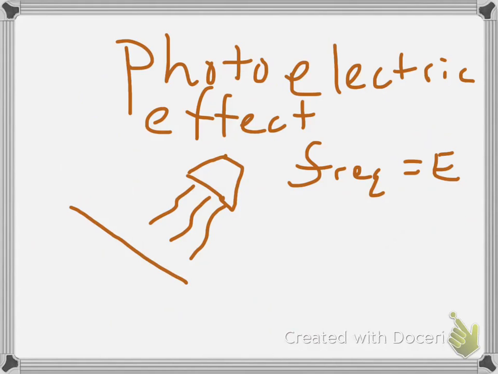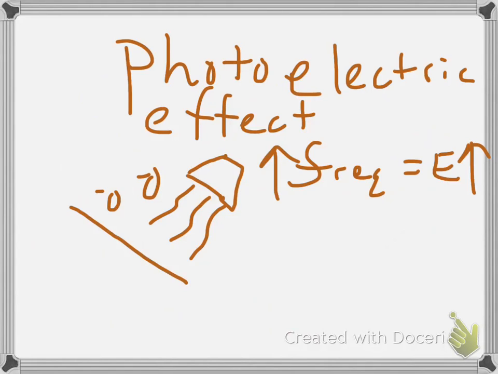Now, the higher the frequency, the faster the electrons will move, faster they'll leave. We'll talk more about that when we talk about energy levels and electrons jumping energy levels. So if we want the electrons that are being knocked off here to go faster, then they're going to have higher frequency light.